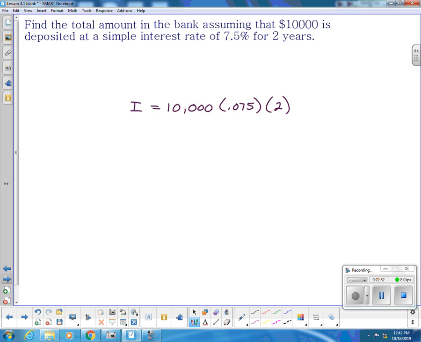What do we get? $1,500, right? It asks how much is in the account. So you've got to take the 10,000 we started with plus the 1,500. Okay, that's how much we have total in the account.